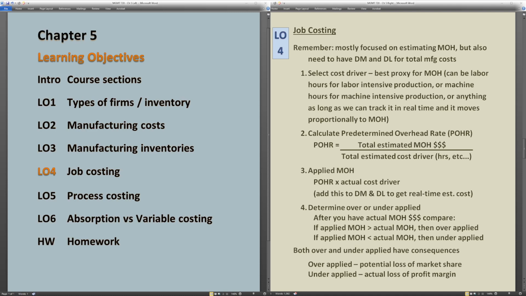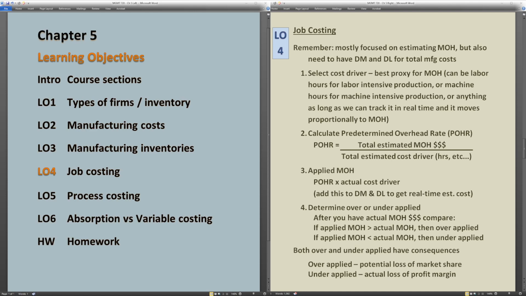But we're going to figure out what that number is. Let's say we have a machine intensive process. In other words, few laborers, but we're using a lot of machines. So therefore, maybe there's a lot of maintenance work and a lot of costs for lubrication or other types of things necessary to maintain the machines. In that case, maybe labor hours wouldn't really be a good proxy for our additional costs, our indirect costs.